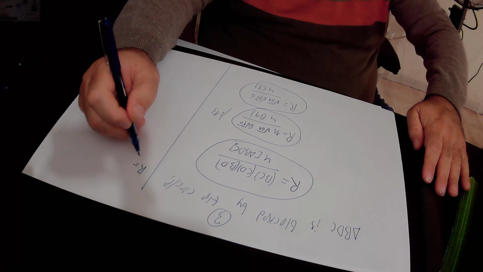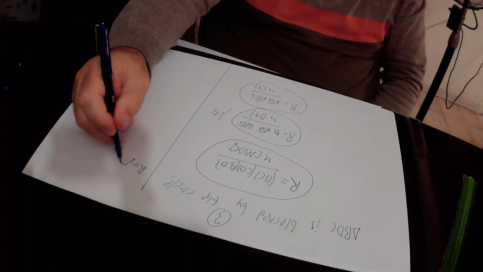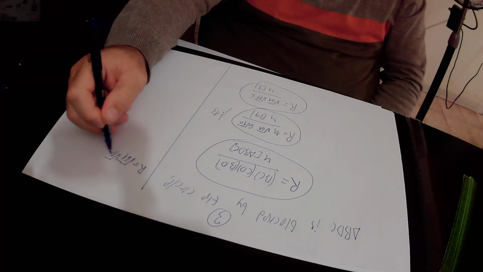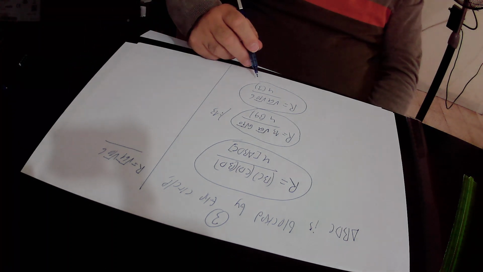So the radius equals the square root of 61 units times the square root of 10 times 6 over 4 times 3 is 12.